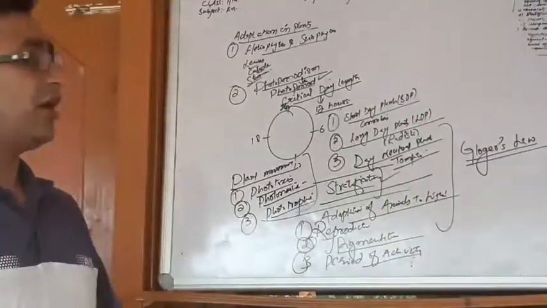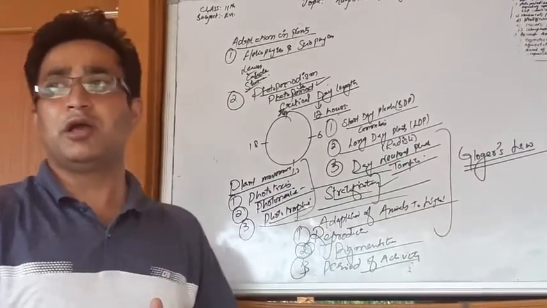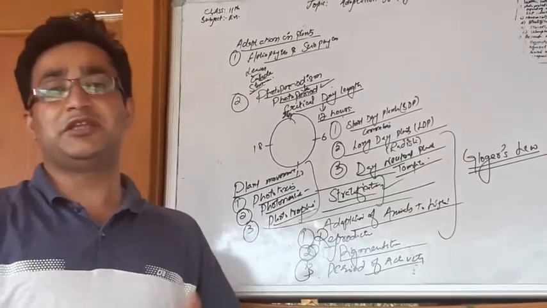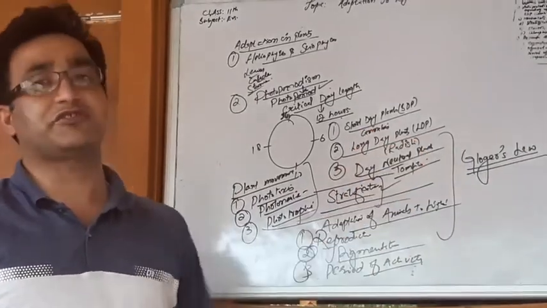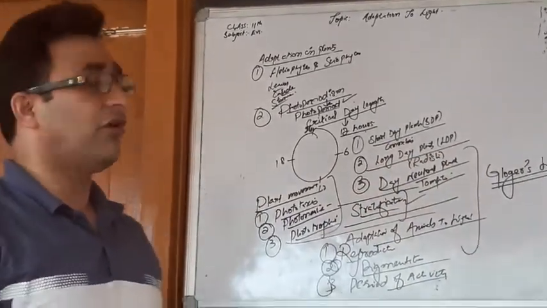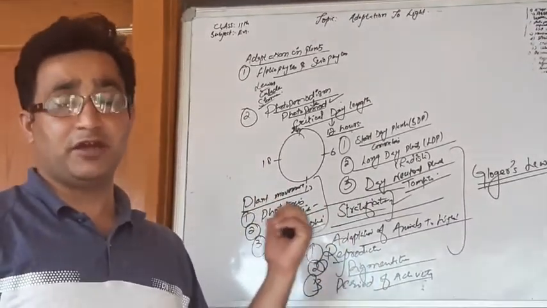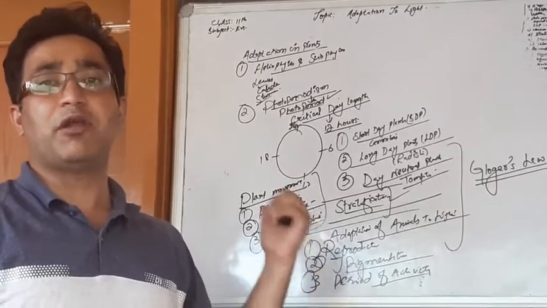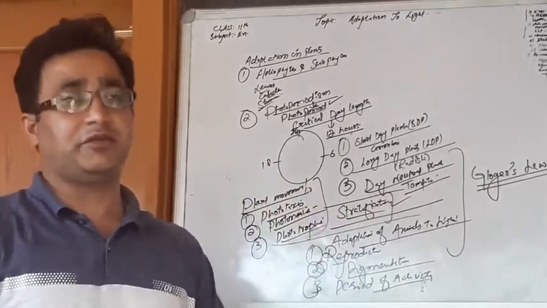On the other hand, the animals which are living in cool and dry conditions, they are lighter in color. This is what the law states, and this is all regarding the effect of light or the adaptation of animals and plants towards the light, or impact of light on the plants and the animals.